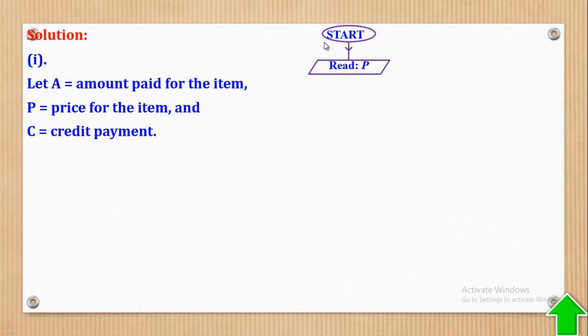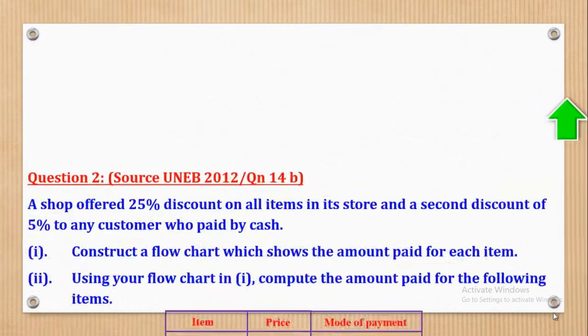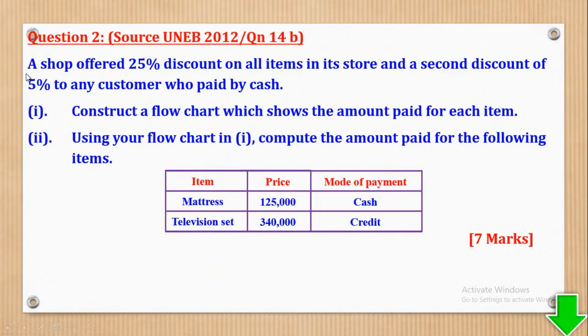So you have to read the price of the item. The next is to compute, because they told us that a shop offered 25% discount on all the items and a second discount of 5% on any customer who paid by cash.